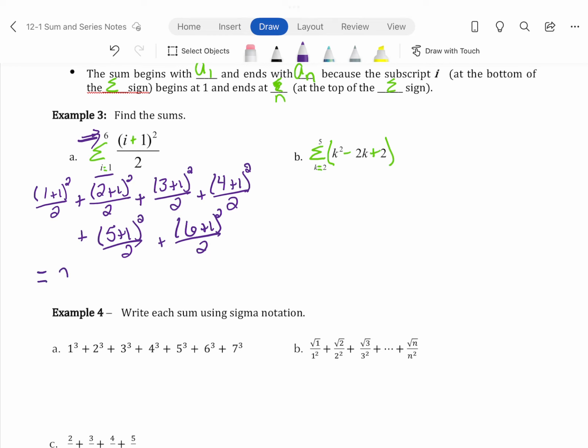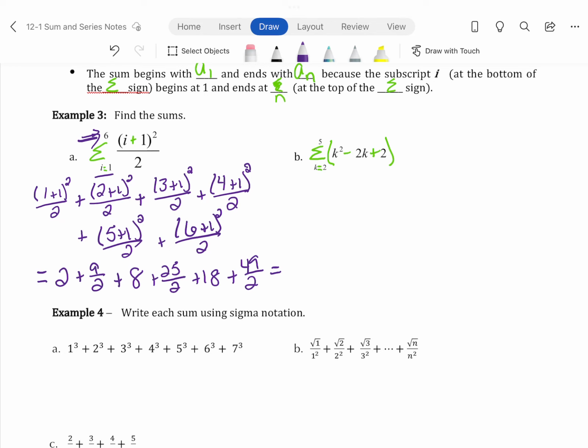If we look at this, this is 2 plus 9/2. If we were to figure out what all these equaled, we can use our calculator. 25 over 2 plus 18 plus 49 over 2, and you're going to get a value here. I haven't done this yet, so I'm going to do it really quick and see what we come up with.